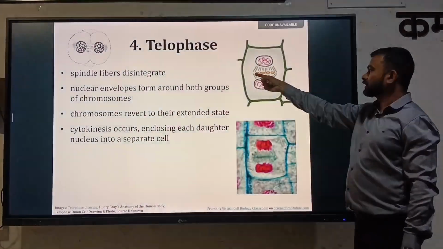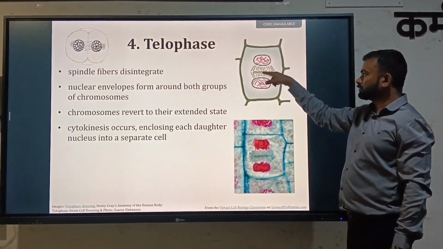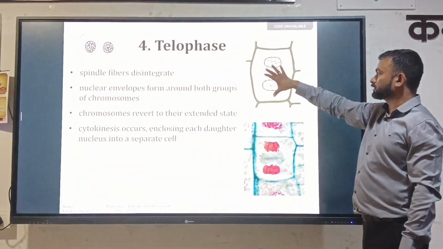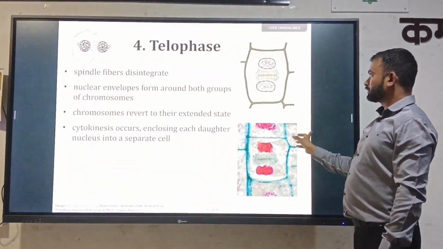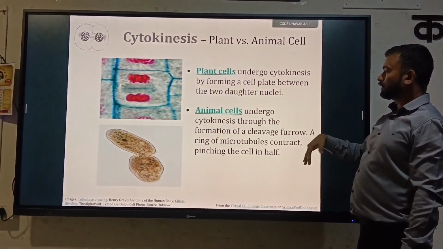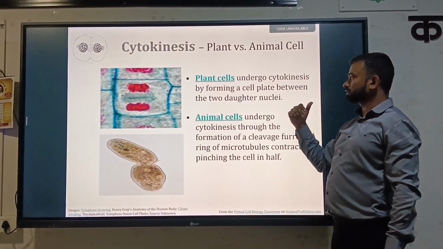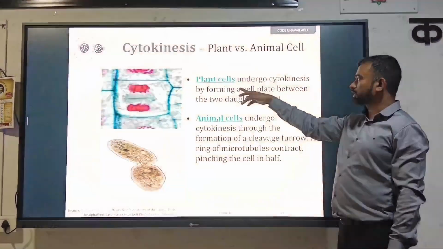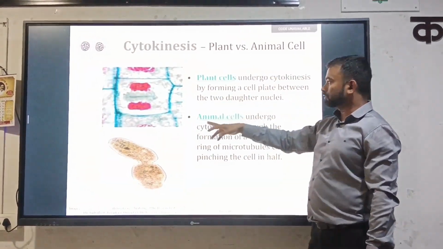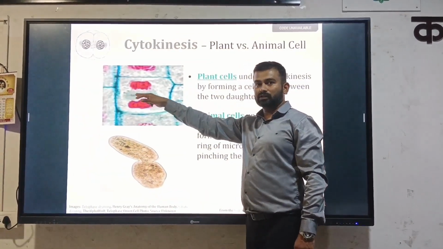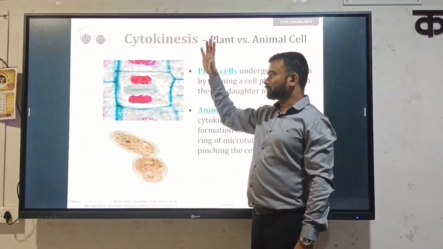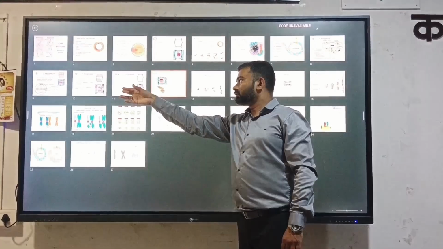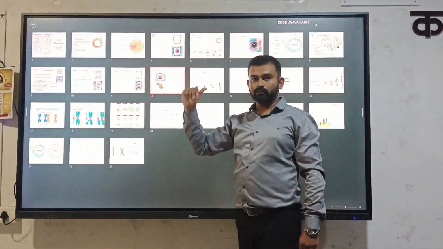But still there is a common cytoplasm which is not separated until this step. The final is cytokinesis. In cytokinesis, a cell plate is formed in the case of the plant cell, and in this way one cell is completely separated from the other by means of the formation of the cell plate. After that there is a formation of cell wall.